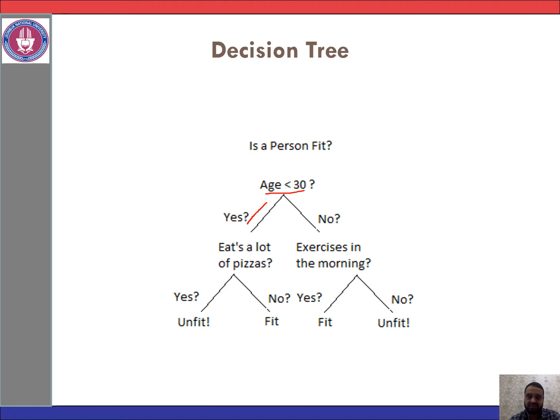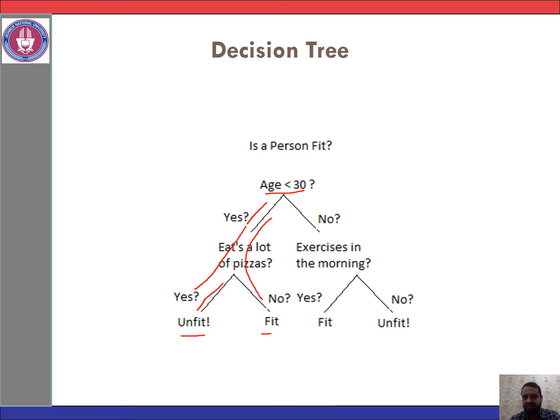If he is eating, it means that he is unfit. But if he is not eating a lot of pizzas, then we can say that he is fit because he is less than 30, young, and he's not eating junk food. So we are considering him as fit. Otherwise, if he is even younger but he is eating junk food, then we can consider him as unfit.